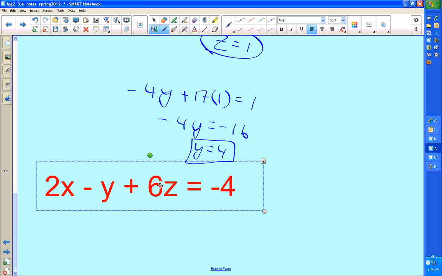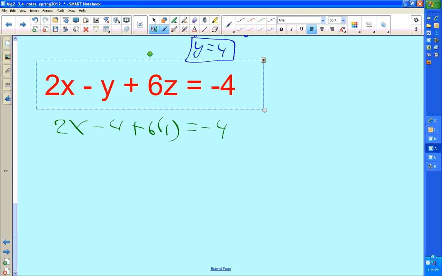For y we're going to put a 4, and for z we're going to put a 1. So 2x minus 4 plus 6 times 1 is equal to negative 4. 2x plus 2 equals negative 4. 2x equals negative 6. X is negative 3.